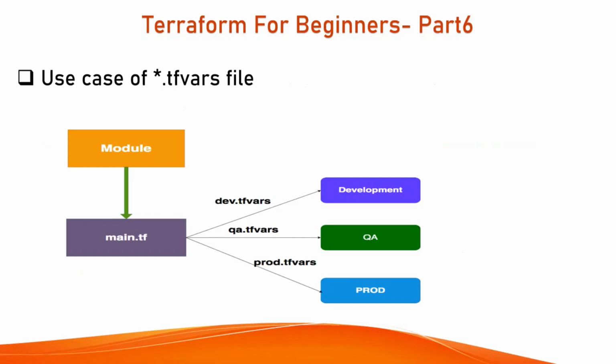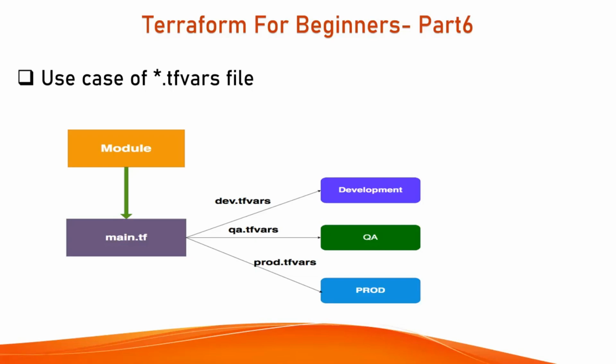And now you can't define everything in a main.tf and a variables.tf, because you would have different requirements for development and QA, and there can be different requirements for production. So that's where this Terraform tfvars file comes into the picture, where it helps us while defining the infrastructure or the variables used to build your infrastructure.